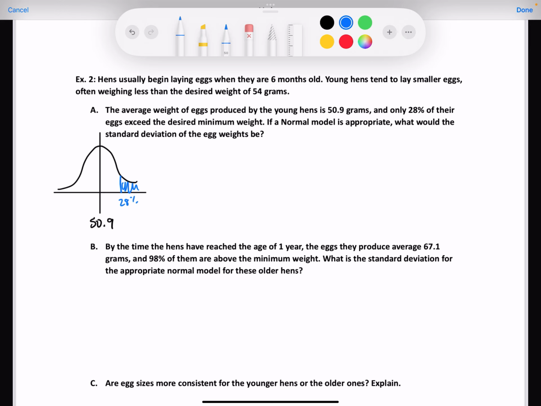So I need invNorm. For Josh and me, 0.72, 0, and 1, because I don't know the standard deviation, so we're assuming a normal model, which is already using 0 and 1. Nathan and Josh, you would use 0.28 and use right.